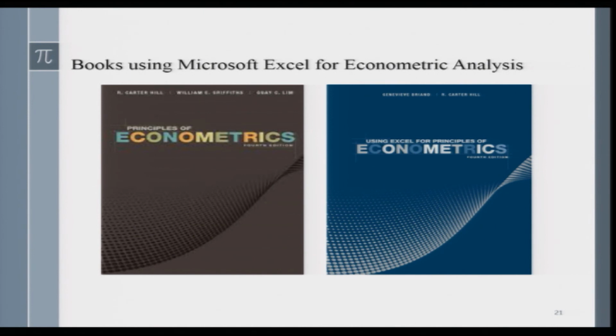The name of the book is Using Excel for Principles of Econometrics, and in this book the authors show how you can execute all the regressions and econometric analysis discussed in the main textbook using Excel spreadsheets. These 2 books are quite complementary in nature, and you should have both together, so that you can make the best use of the book on Excel.